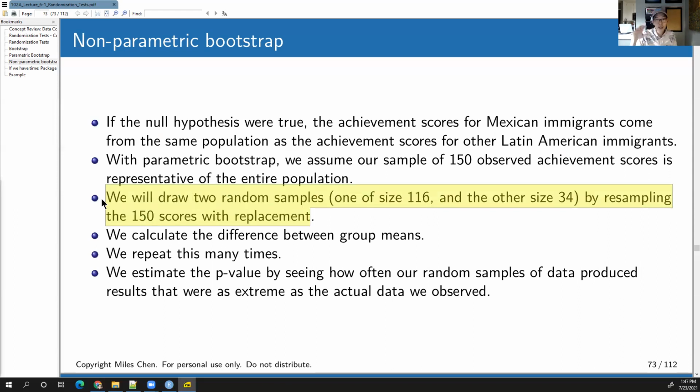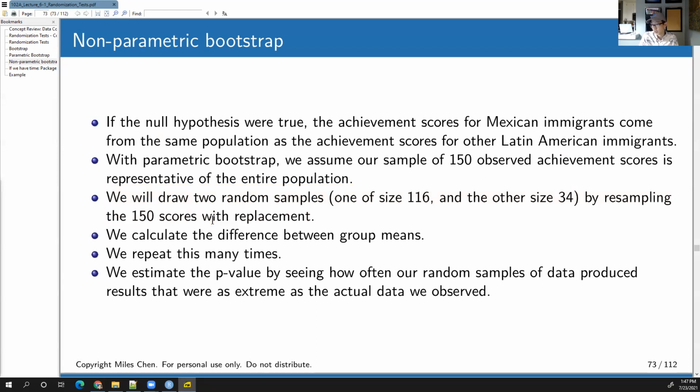Because again, under the null hypothesis, we're saying the scores for the Mexican immigrants and the scores for the other Latin American immigrants are coming from the same population. If the null hypothesis were true, the scores for this group and the scores for this group are coming from the same population.